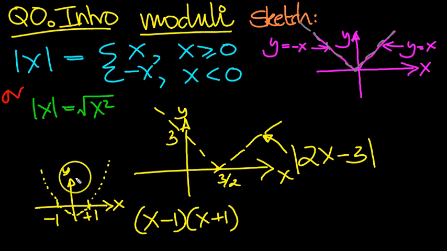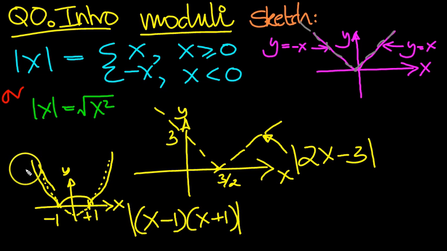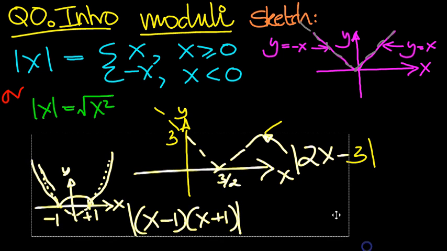Now if you're drawing the modulus, well, these values are fine, aren't they? This value here is fine, but these negative values, to take the modulus of them, you'd have to reflect them. So that's the sort of shaped curve you'd end up getting if you were to take the modulus of the quadratic function. So in practice, we would draw the quadratic function first, and then any negative values that would occur, we reflect them through the x-axis. So again, that's what we do when we're drawing these things.